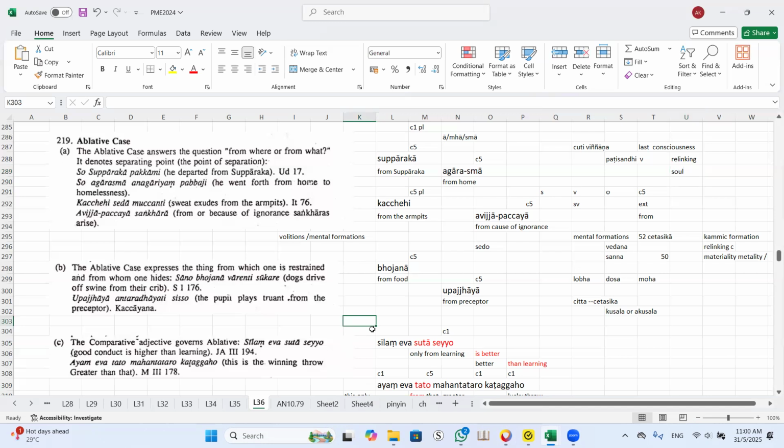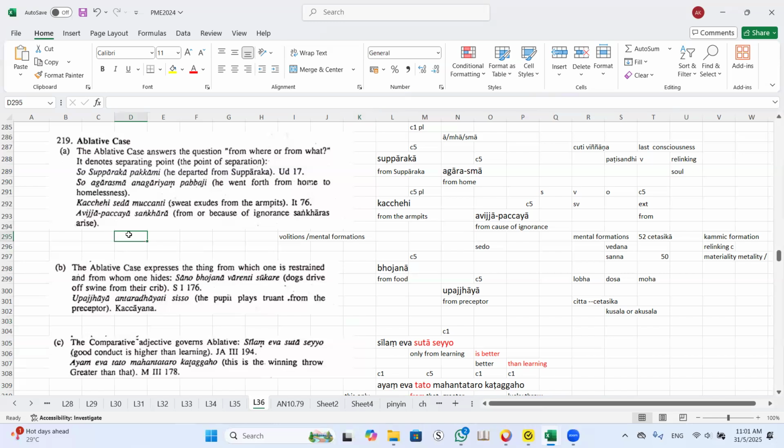Brother Alfred, for avijja paccaya, can we translate it as dependent on ignorance, then sankhara arises? Can. So the preposition changes to dependent on. Okay, thank you very much.